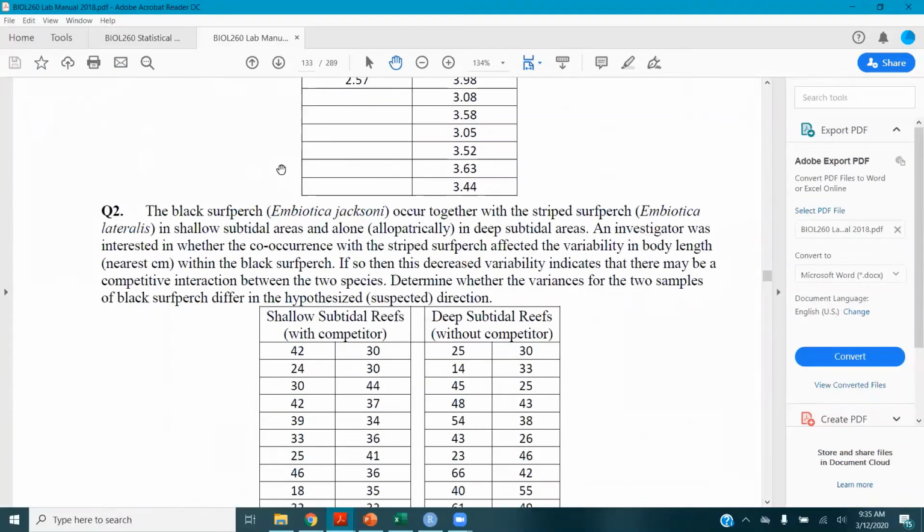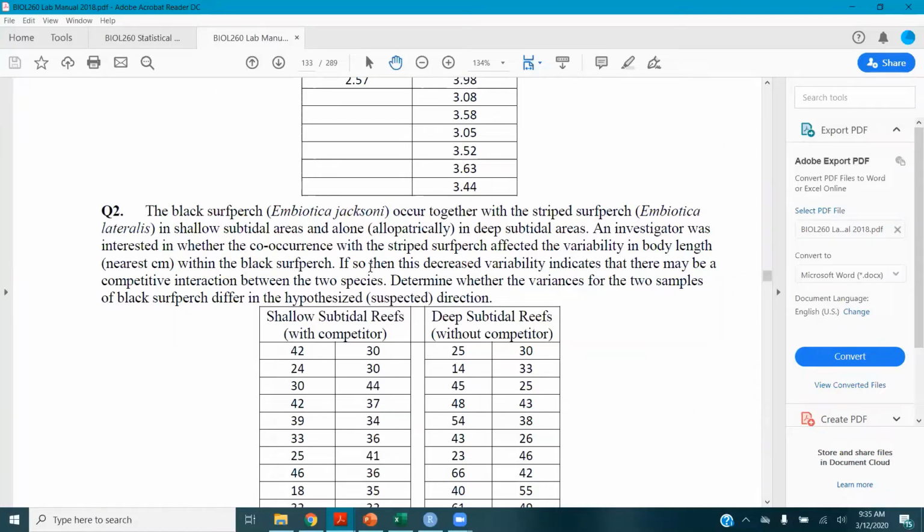In this question, we have a fish called the black surf perch, and this occurs together with another fish called the striped surf perch. That is a hard word to say. This researcher is interested in whether the co-occurrence of these fish affected the variability in the length of the black surf perch.